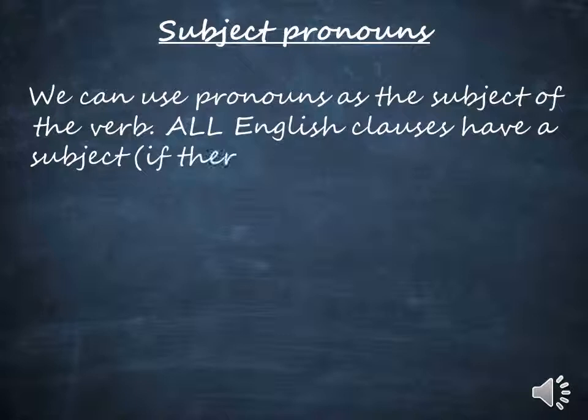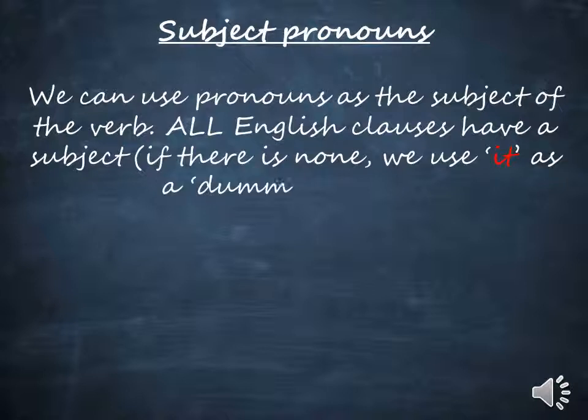We can use pronouns as the subject of a verb, and in fact, all English clauses or sentences have a subject. And even if there isn't one, we use a dummy subject. We use the pronoun it, just to make sure that the rule is obeyed. And we'll show you some examples of that in a moment.